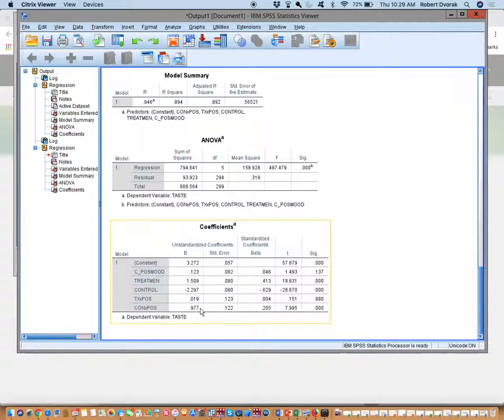All right. We have gotten everything that we need except for one last thing, right? What's that one last thing that we need to get? Yeah, the relationship between positive mood and the treatment group, right?